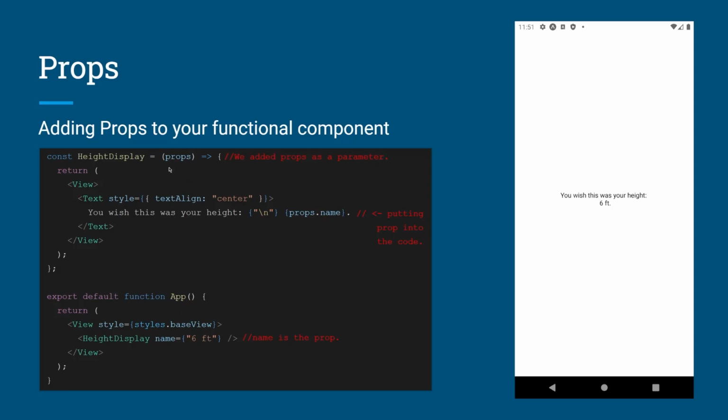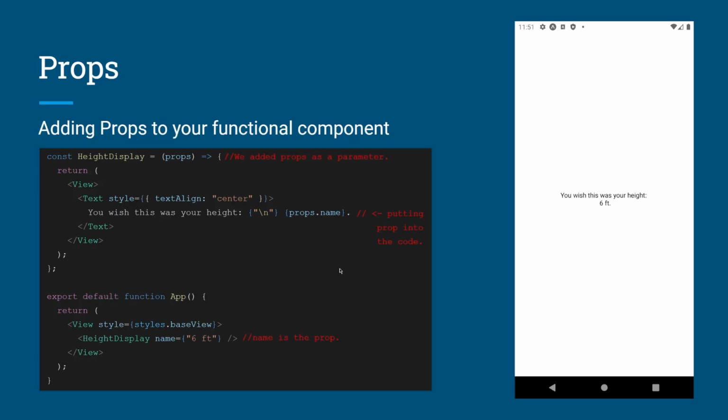Anything to the right of height displayed inside this tag is going to go back into this props parameter, and from this props parameter you can call it in your return statement, or you can call it above the return statement if you have some logic going on. You can call it anywhere in this function with props dot and then whatever you named it down here, so props dot name.